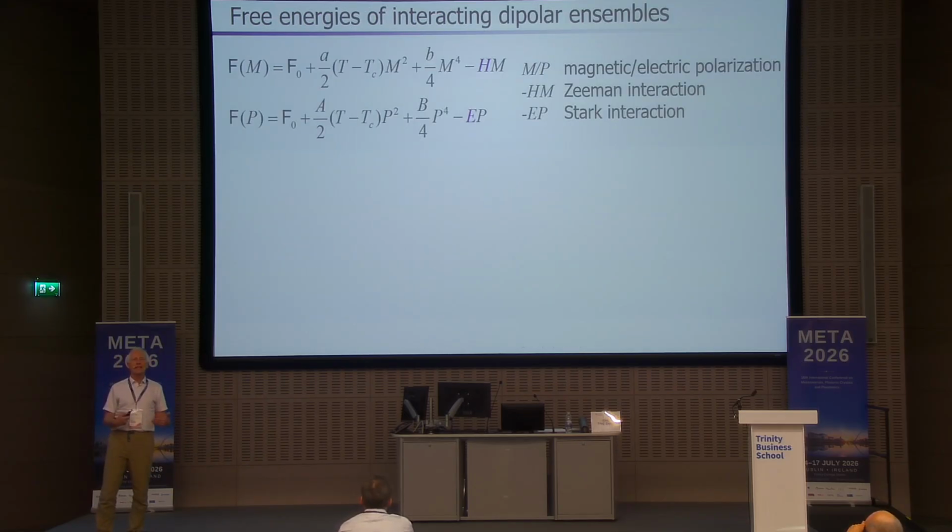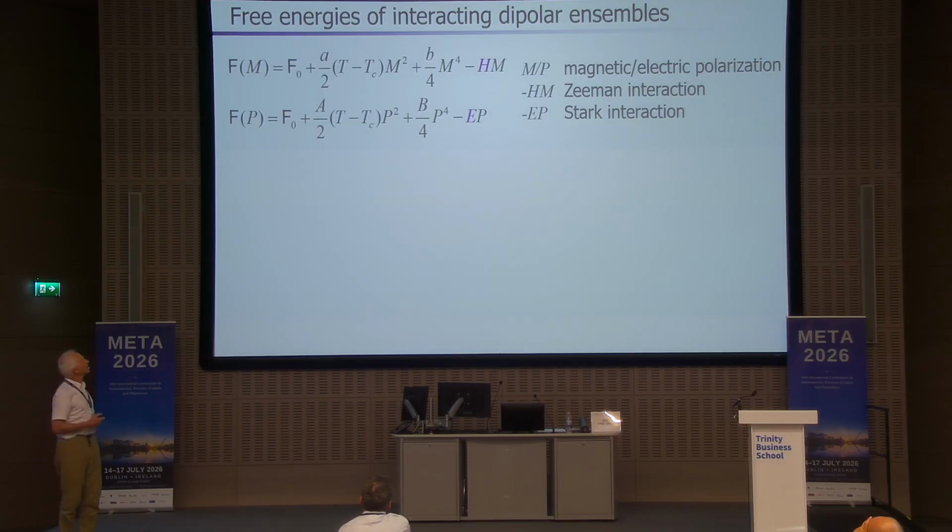So the interaction would like to organize and orient all these dipoles, but there's also the entropy, which prefers to have the disorder. Now, this can be captured in Landau's free energy formalism, and we see that the free energies look very similar for magnets and for ferroelectrics, with obvious small differences, such as the Zeeman versus the Stark interaction.